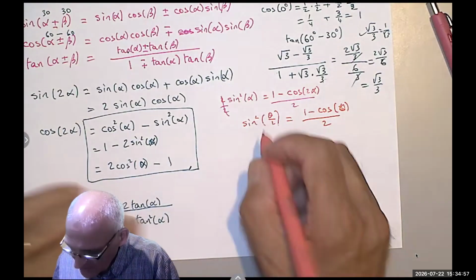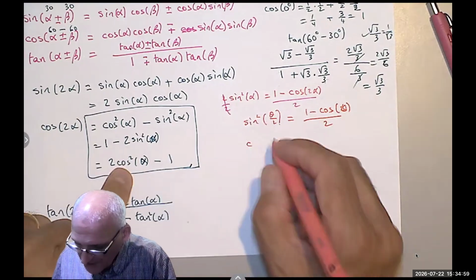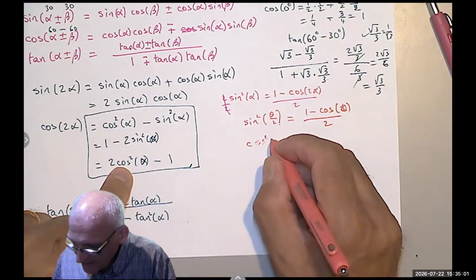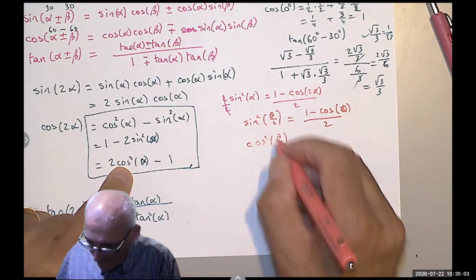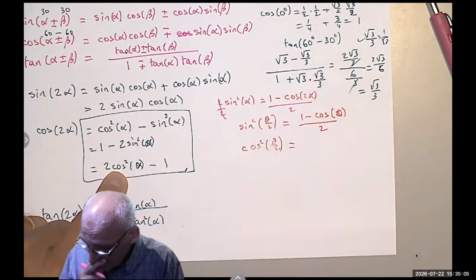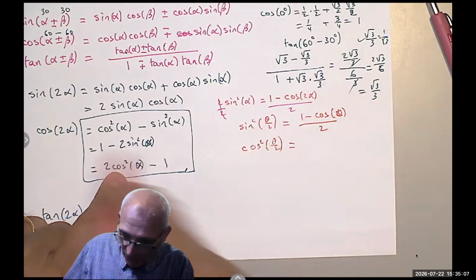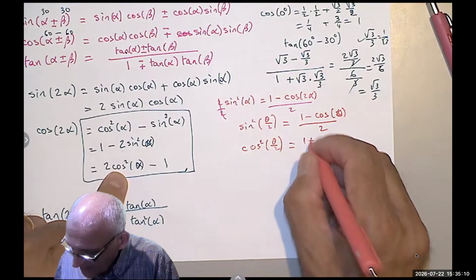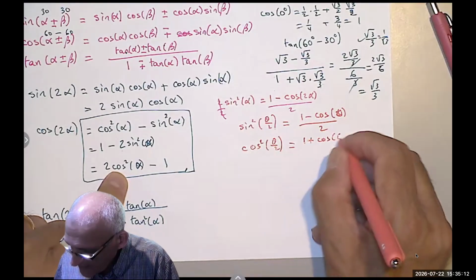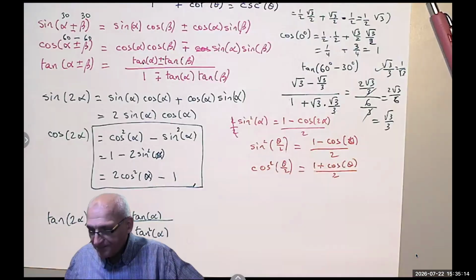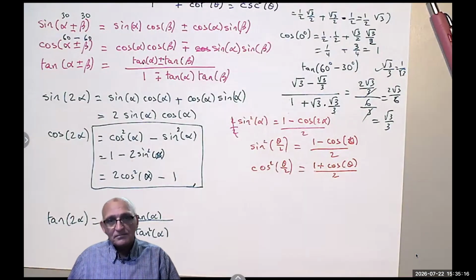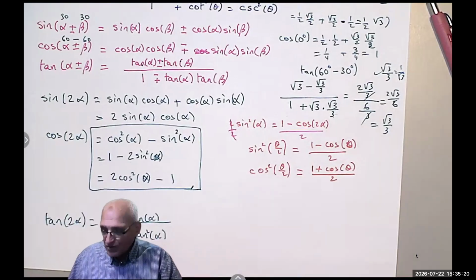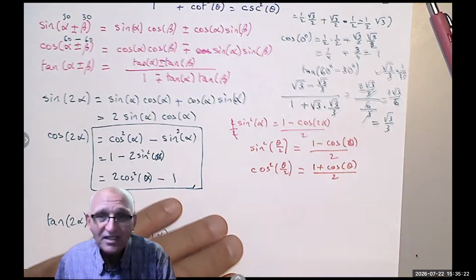And I can do the cosine also from this equation. Cosine square theta over 2, half an angle, equals, when I move the 1 to the other side, 1 plus cos theta over 2. And if you want tan square, well, you can use this or you can divide this by that, by the way.